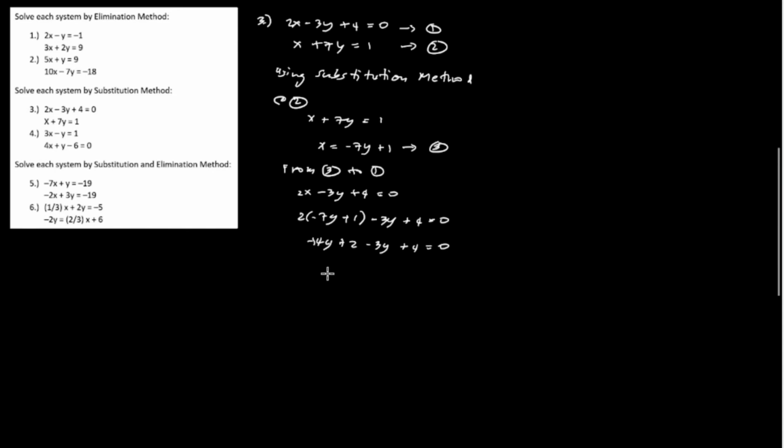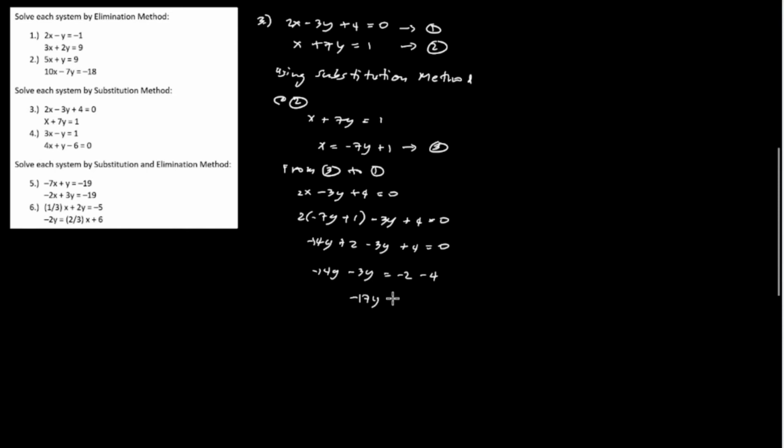Variables to the left side and constants to the right side. So negative 14y minus 3y is equal to, transpose constants from left to right. So positive 2 becomes negative 2, positive 4 becomes negative 4. And negative 14 minus 3 is negative 17.